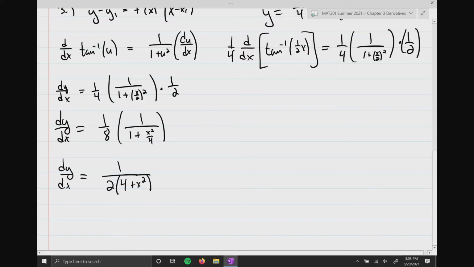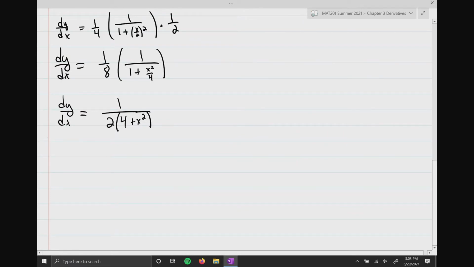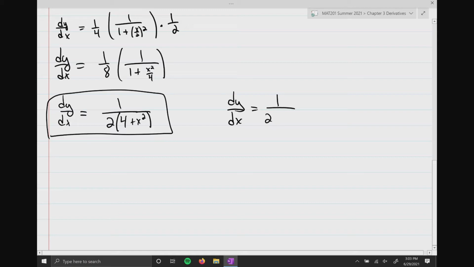So if you need to, just go ahead and do the algebra on that. All I did is just factor it out. So there's my derivative. Now I'm going to evaluate that. Just rewrite it here real quick.